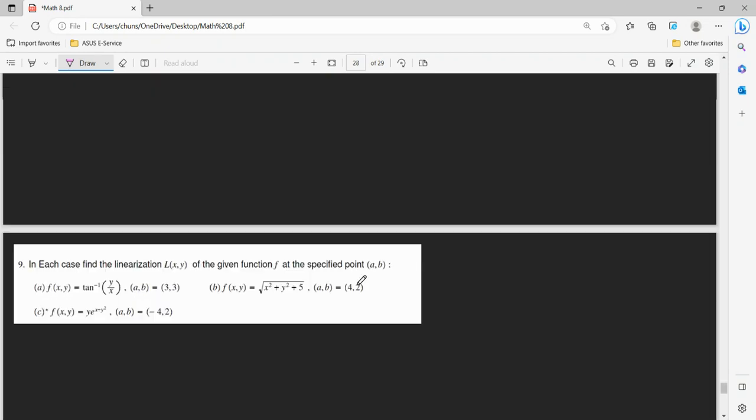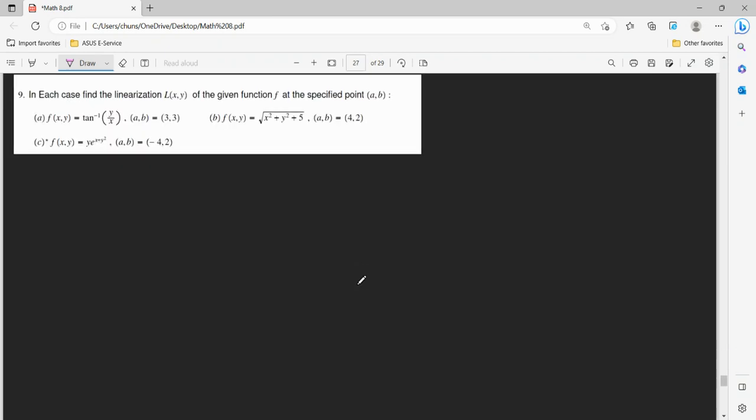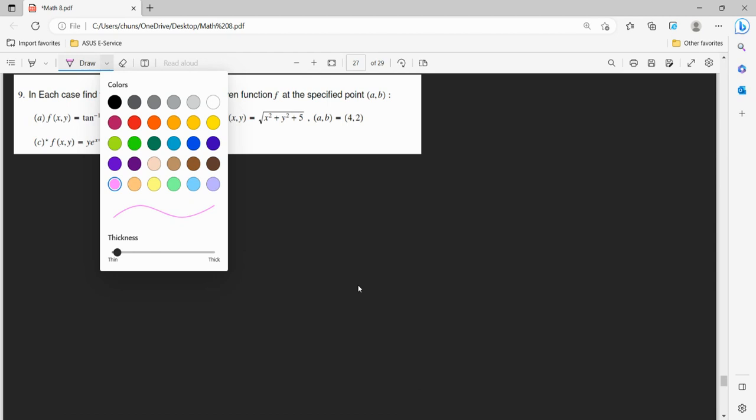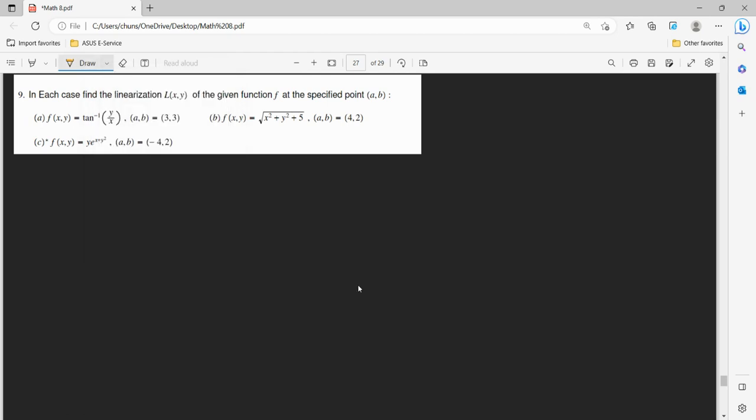Okay, so now let's do a couple linearization problems. So let's start with A. We said that we would do plus our x1 and our delta x, and this is plus our partial y derivative of our function of x and y with our delta y.